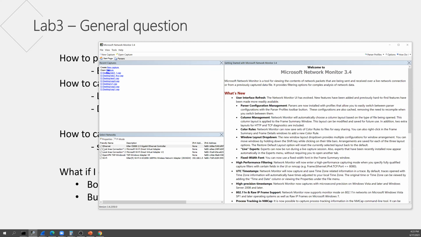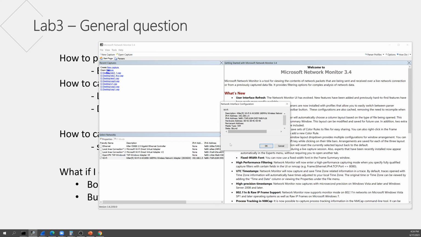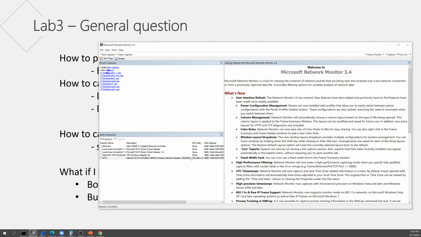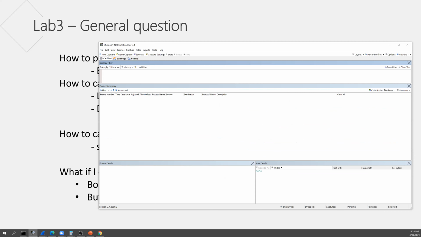Then you need to make sure you select the Wi-Fi here, and you should be able to see your IP address. Then you can double click it and double check, and you may be able to open the monitor mode here, but mine is not able to open it, but I can still capture some packets with it. You can click new capture, and click the start button here, or use F5.